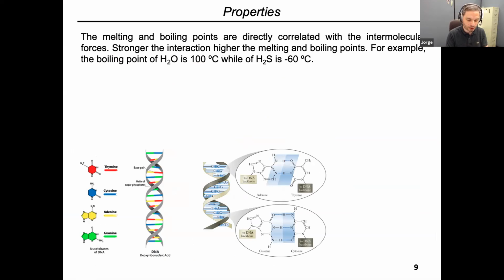So try to picture that in the solid state, the molecules are strongly interacting. When you want to move from the solid state, for example, to the liquid state, you need to take the molecules and move them far apart. Okay, so you need to overcome the intermolecular interactions.